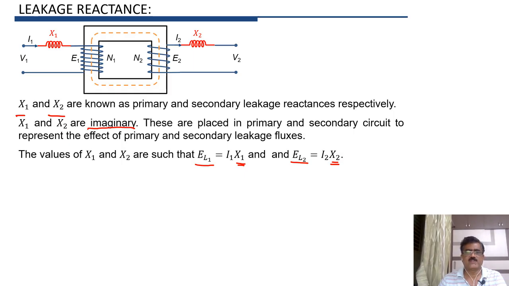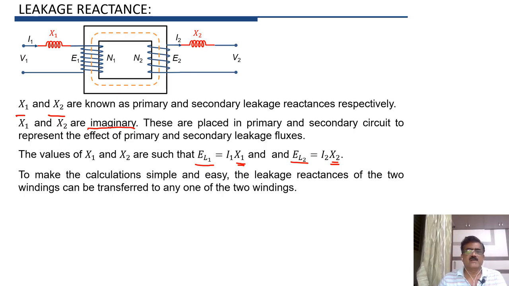As we have seen already, EL1 must be equal to I1 X1 and EL2 must be equal to I2 X2. Now just like resistances, leakage reactances also can be transferred from primary to secondary or from secondary to primary, again to make the calculations simple and easy.